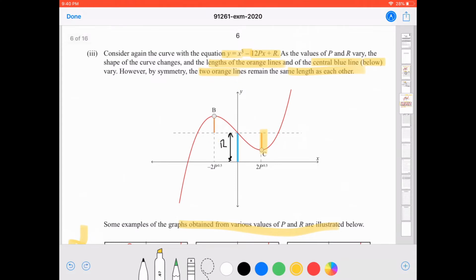Let's work with the left one. We can say, and we're not using any maths here, we're just looking at the graph. Let's just draw this across. The orange line equals the point B up the top here minus the blue line.